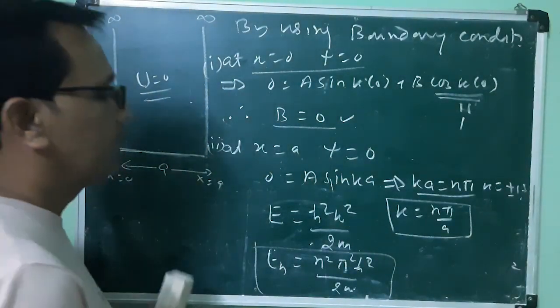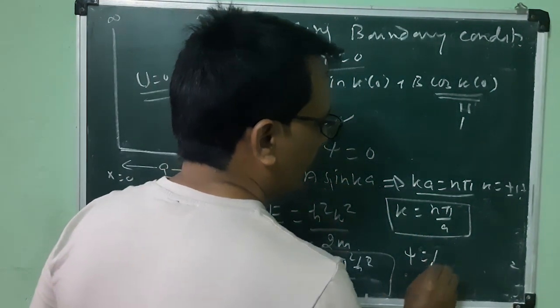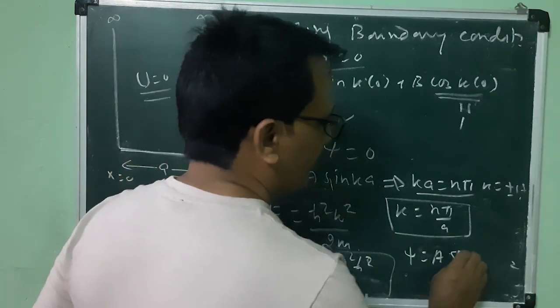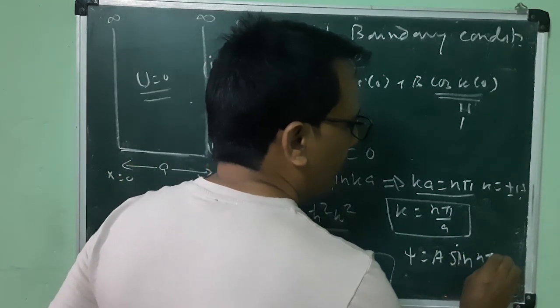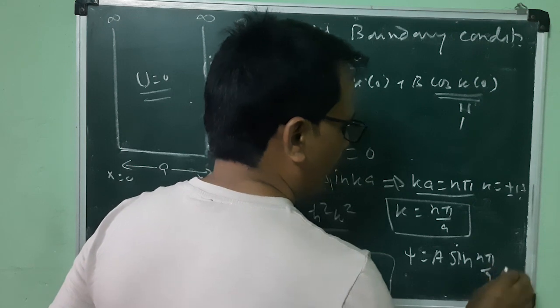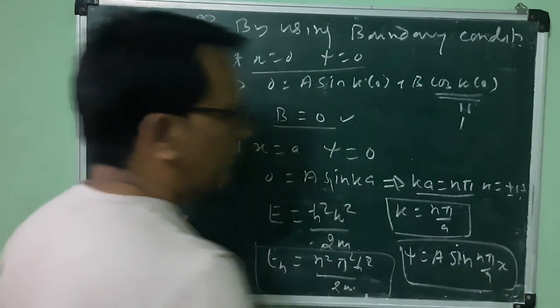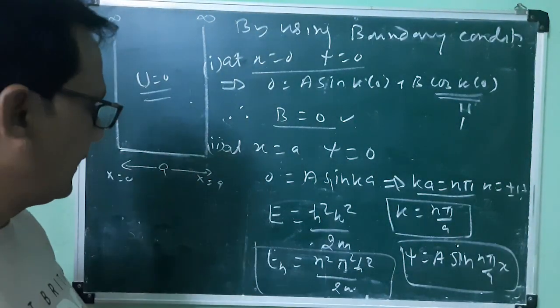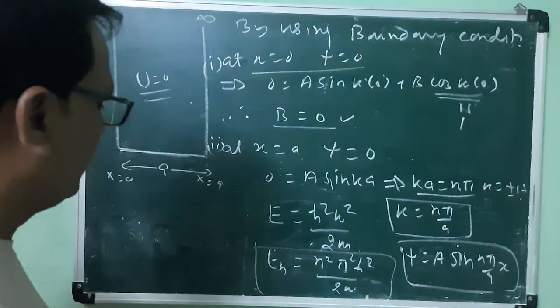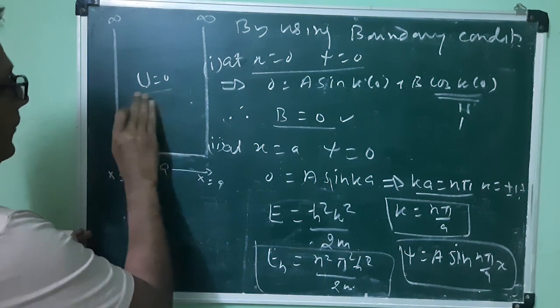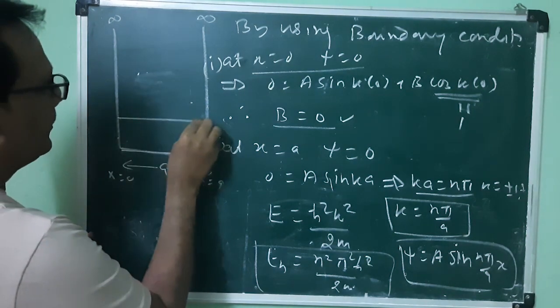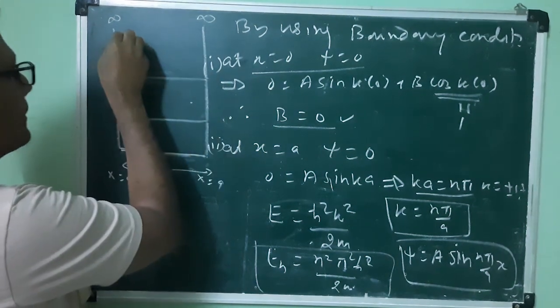So we have the wave function psi equal to A multiplied by sine of n pi by A multiplied by x. This is the wave function psi, and this is the energy eigenvalue, and for different values of n, we will have different discrete energy levels here.